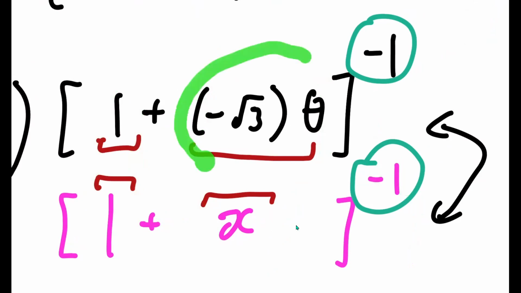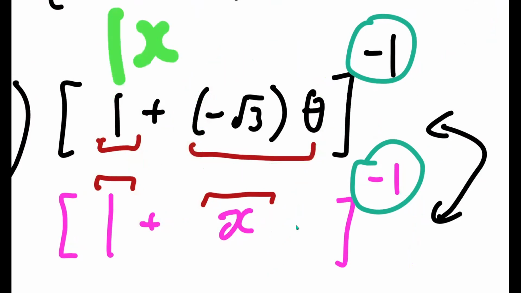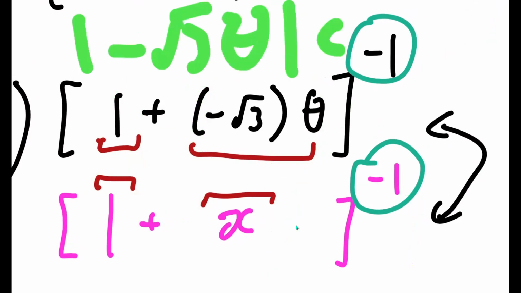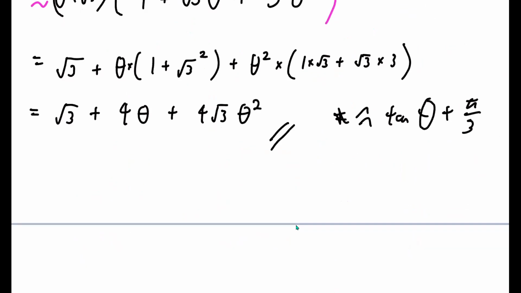Negative root 3 theta. This fella, right? And we need modulus x less than 1, but contextualized, the x must be replaced with negative root 3 theta, less than 1. And so that means the radius of convergence, sorry, not domain, I should call it radius of convergence.